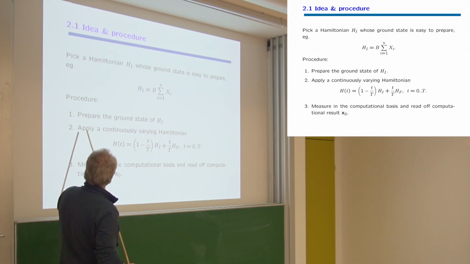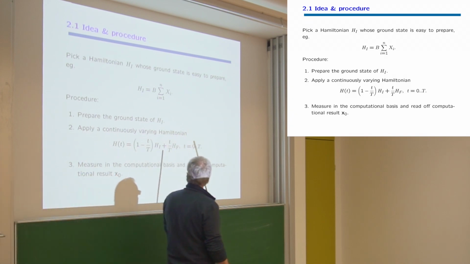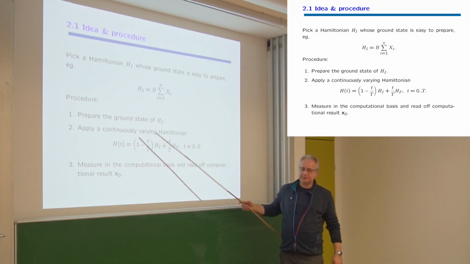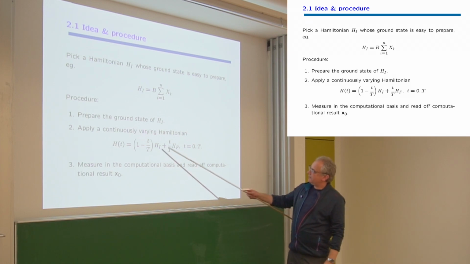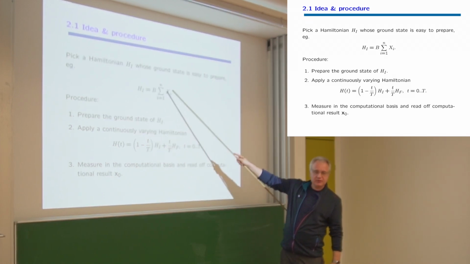And then you apply a continuously varying Hamiltonian. The Hamiltonian is a function of time, and it is made of two parts. The first part is H_I, the simple Hamiltonian with the simple ground state up here.